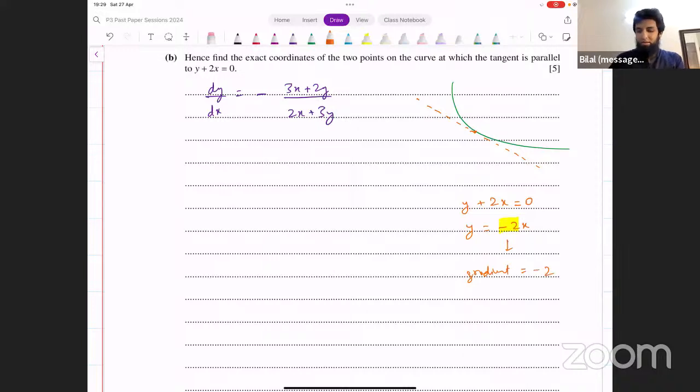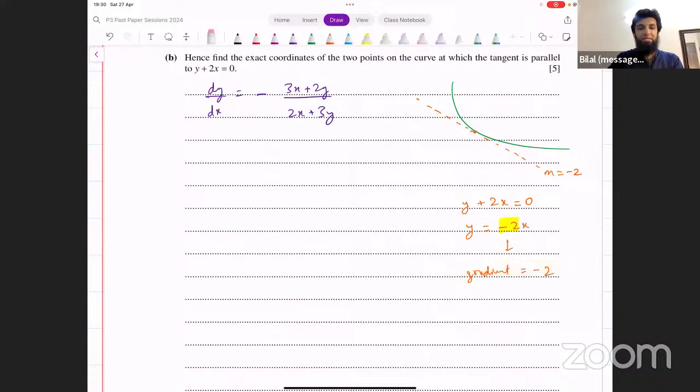And they are saying the tangent that we've got to the curve at that point is supposed to be parallel to this line. If that's parallel to this line, the gradient of that tangent is also supposed to be the same as the gradient of this line. So this tangent is supposed to have gradient minus 2.